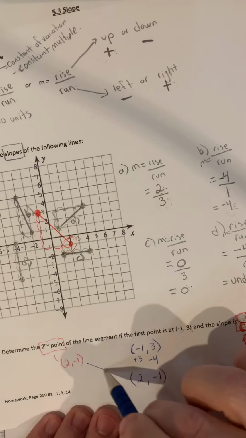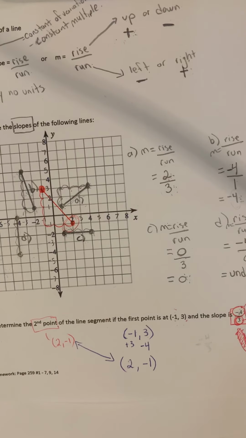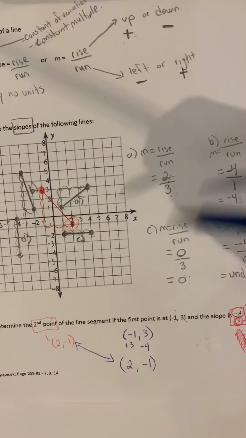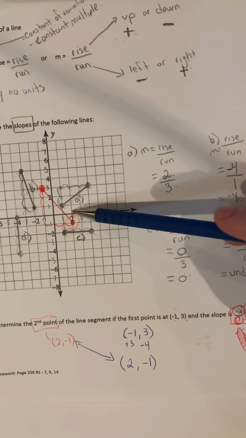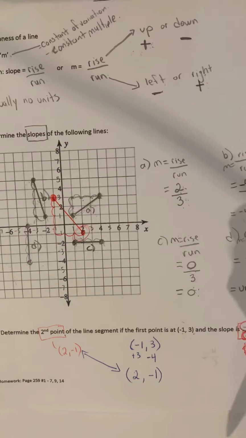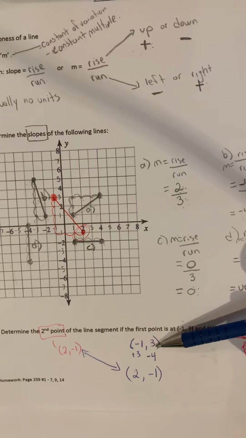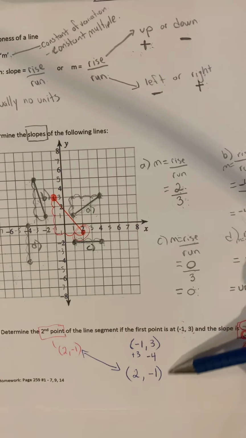So these two answers are the same. I would prefer if you use the first method that we did. It gives you a visualization, and it's a little bit easier to comprehend. Once you understand this better, then you could use this method here.